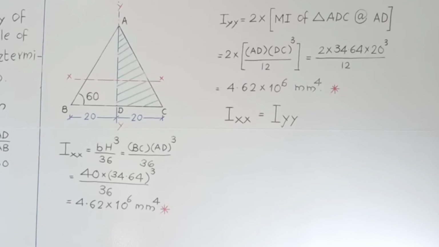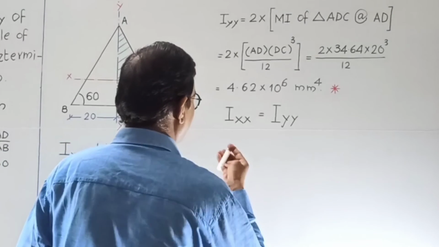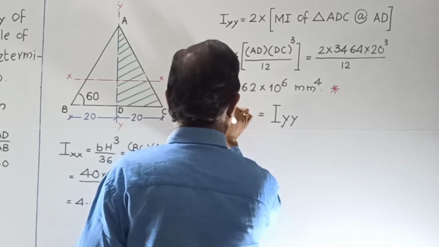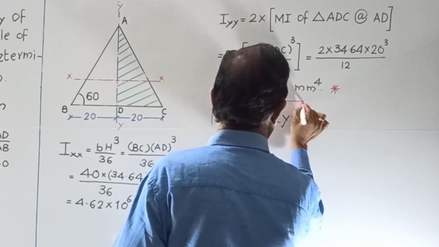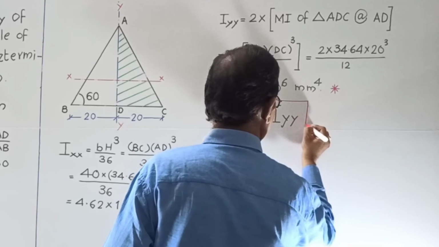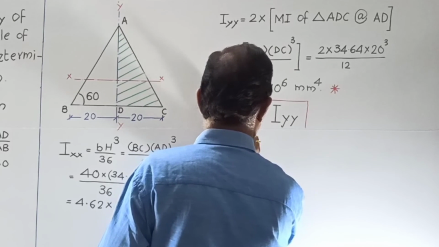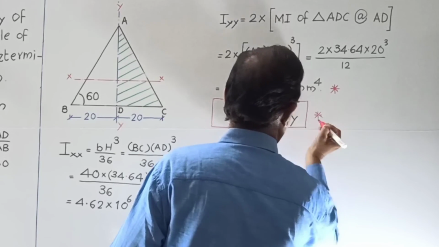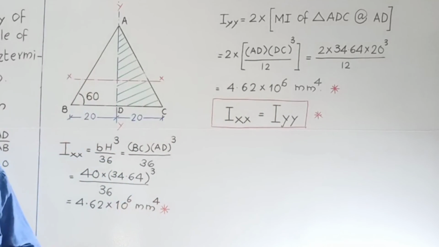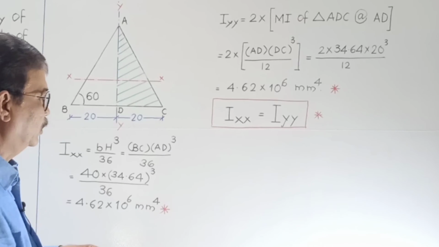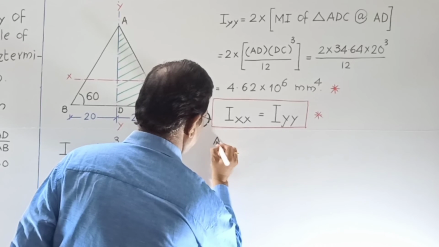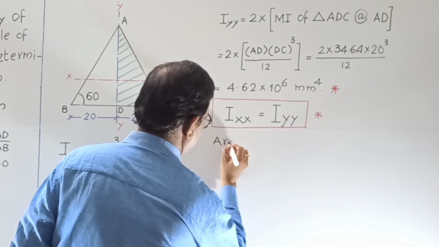We are also asked to calculate the radius of gyration. So what is radius of gyration? It is the square root of I upon area. This is a very important one. So for radius of gyration, first we will calculate the area. What is the area of a triangle?